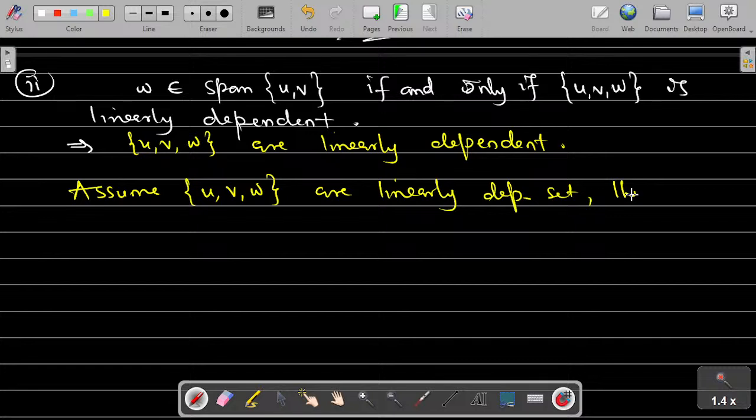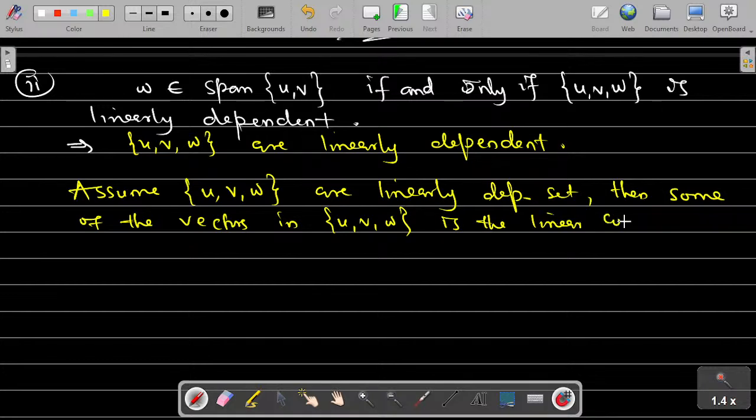Then what it means is that some of the vectors in U, V and W, that's this set, must be able to be written as a linear combination of the others. Do you get?